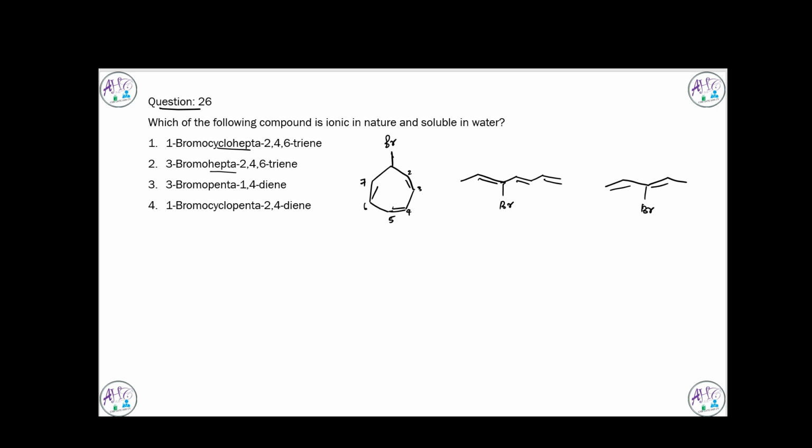And then we have cyclopentadiene, 1-bromo, 2 and 4. So these are the structures for the given options.